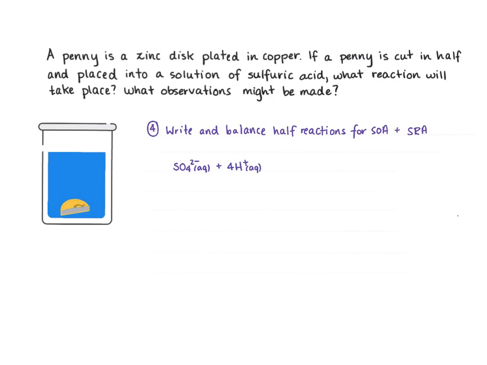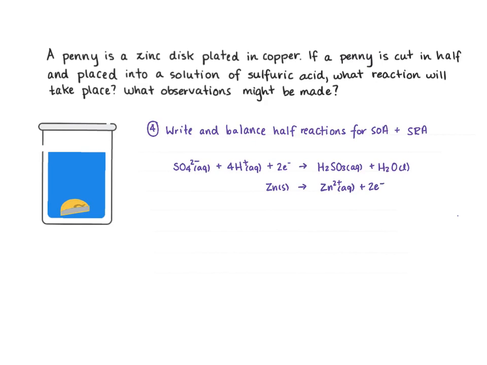And this is an oxidizing agent, so it undergoes reduction, producing sulfurous acid, H2SO3, and water. Our strongest reducing agent is zinc. Zinc starts as a solid, and it forms zinc 2+ by losing 2 electrons.